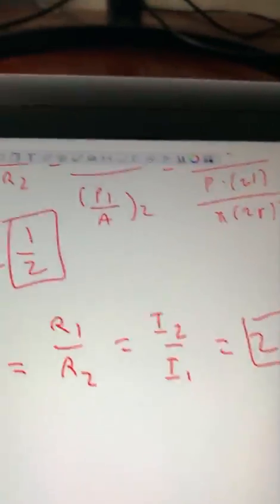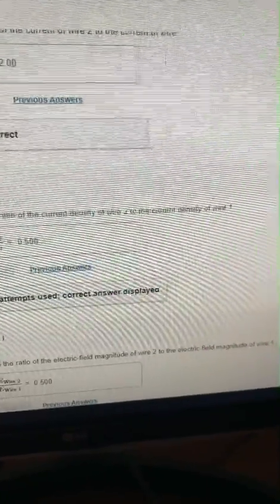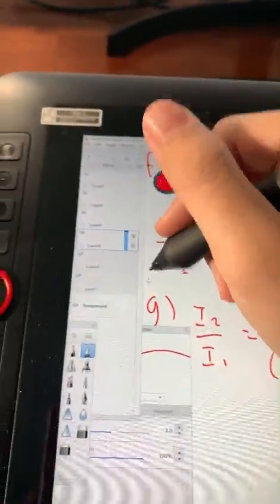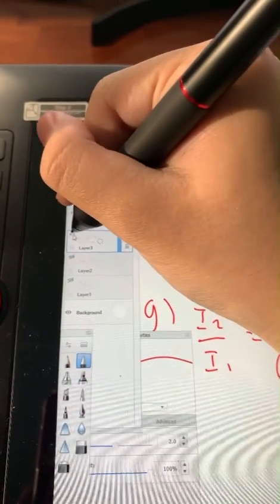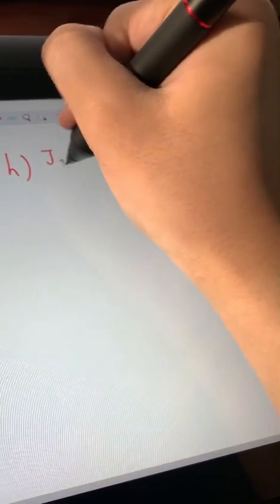So for part H, it says find the ratio of the current density of wire 2 to the current density of wire 1. So we're going to be using J wire 2 over J wire 1. So let me clear this out real quick. For part H, we're going to be doing J2 over J1.